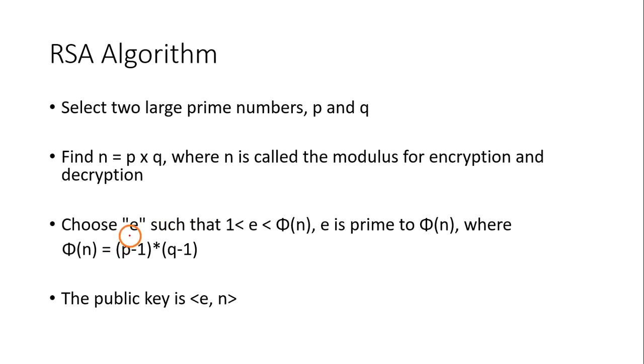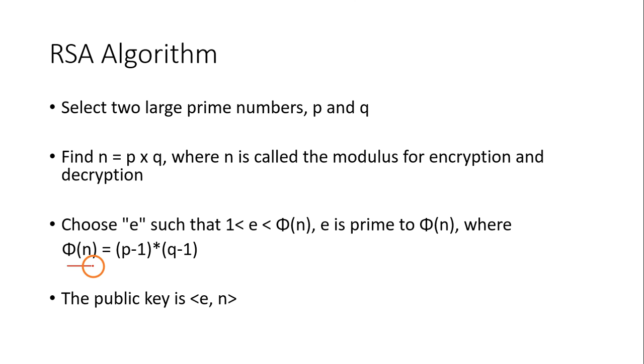After calculating n, you have to find a number called e, which should satisfy this condition: e should be greater than 1 and less than phi of n. The symbol is called phi, it's called the totient function. Another condition is e should be relatively prime to phi of n.